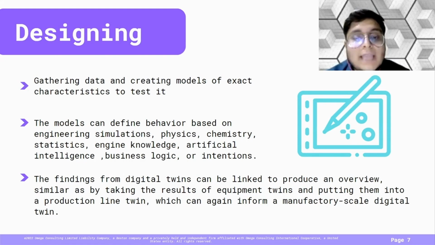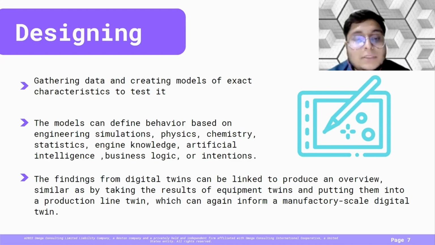Once the data has been gathered, it can be used to produce computational analytical model to show operating effects, predict states such as exhaustion, and determine its behaviors. These models can behave based on the engineering simulation, physics, statistics, engine, knowledge, artificial intelligence, business logic, or intentions. These models can be displayed via 3D representation and augmented reality modeling to help humans understand the finding.